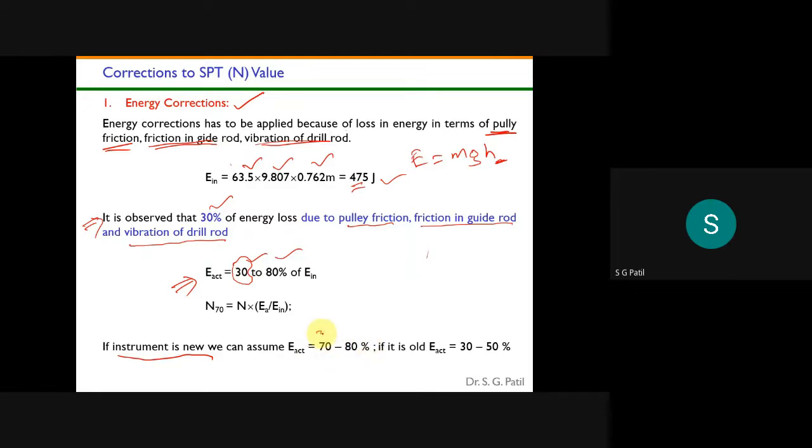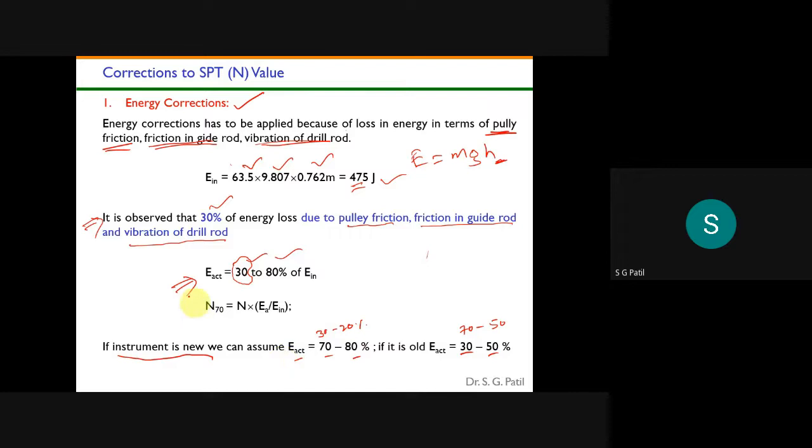But if you have a very old instrument, then 70 to 50% will be lost. That means the actual energy input is only 30 to 50% with an old instrument. With a new instrument, your actual energy is 70 to 80%.